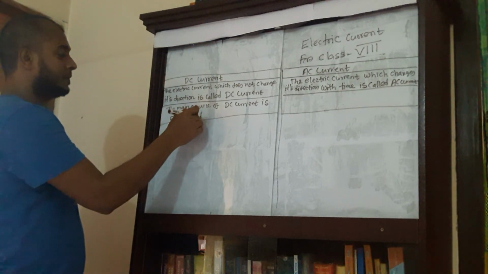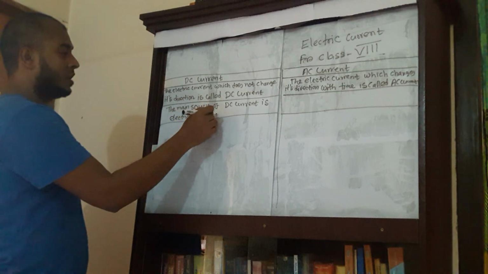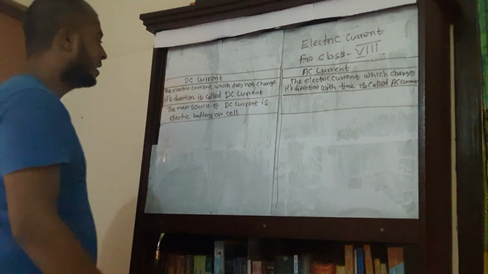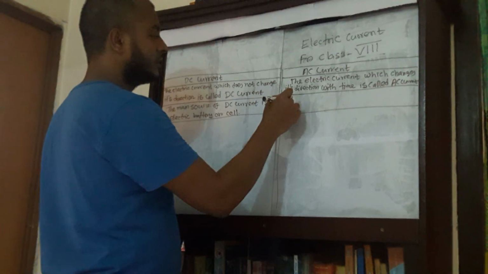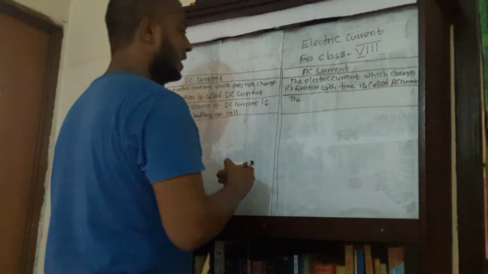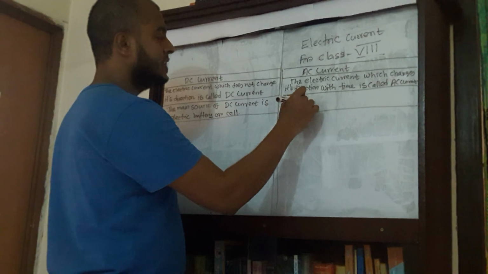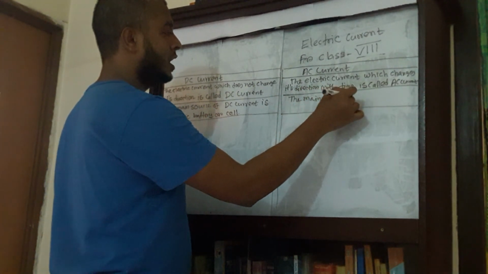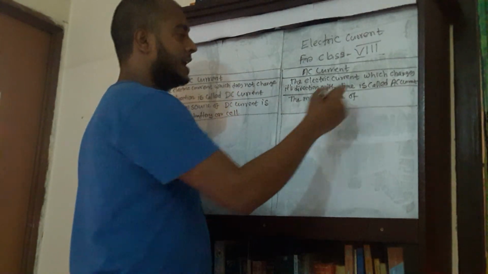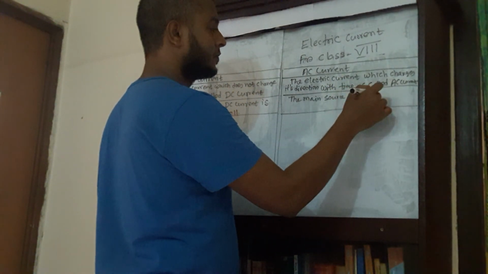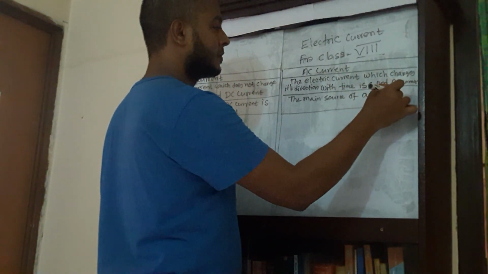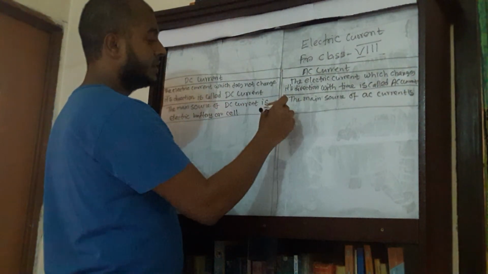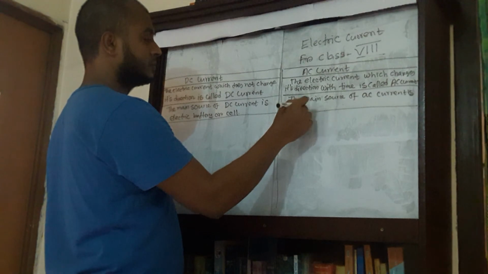The main source of AC current is the electrical power plant.